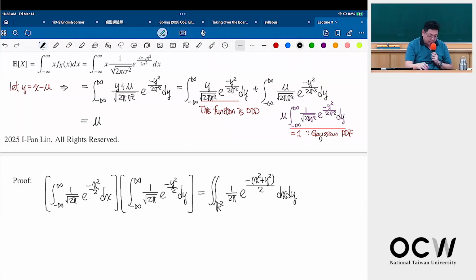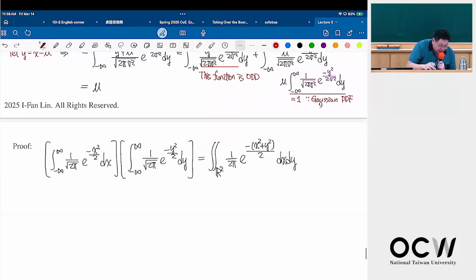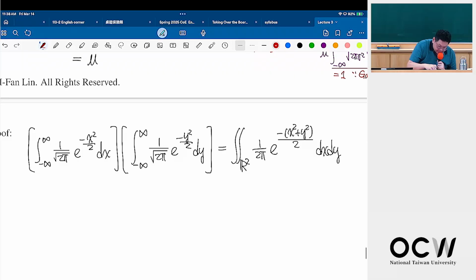How do we do this integration? We change the variable to r and theta. We let x equal r cosine theta and y equal r sine theta.